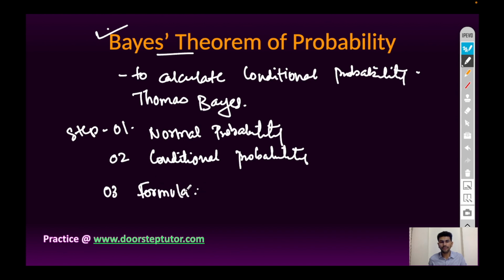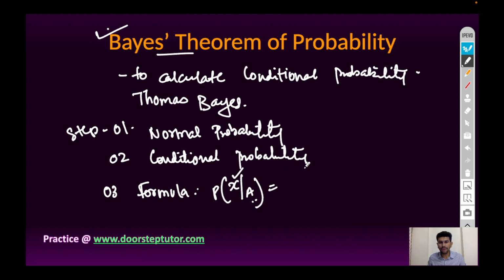by using the formula. The formula is probability of event X upon A. Here X represents the particular event or element and A represents something out of which we are going to find X, that is event.